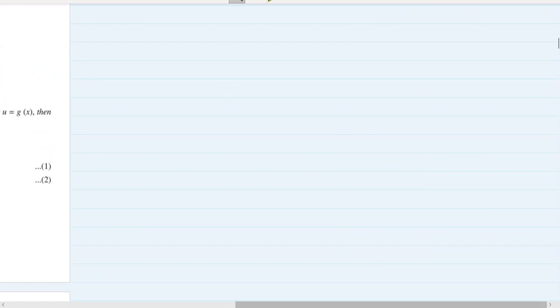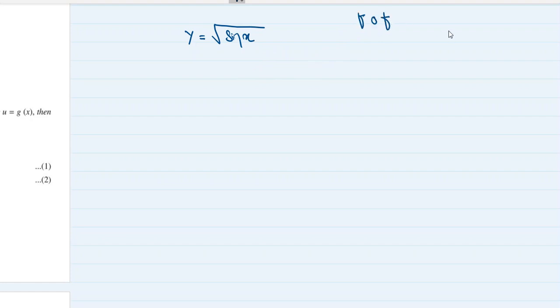Let's take an example of a function y is equal to under root of sine x. If you see, there are two parts in this function. This is in the form of a function of a function.